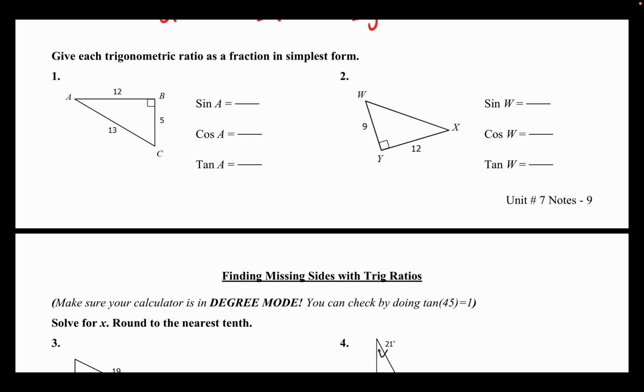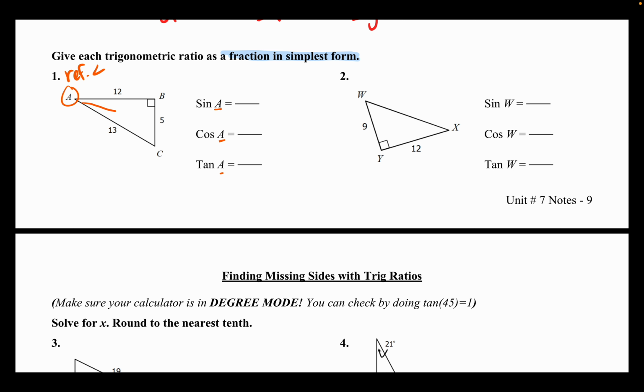So now, in number one, we're going to give each trig ratio as a fraction in simplest form. So that means you're going to be reducing your fractions. So we need to pay attention to our reference angle. So here, do you see how they're all A's? That makes A your reference angle.